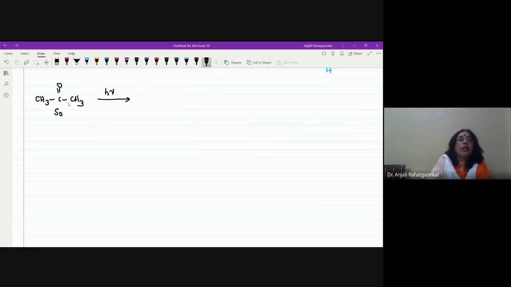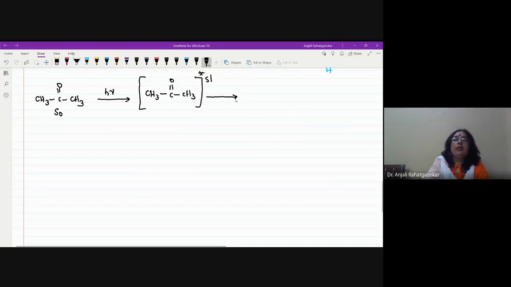This is at the ground state. Please remember, always write your mechanism in this fashion only. So acetone at the S1 excited state, then there will be an ISC, right? So the acetone will be converted into the triplet state.